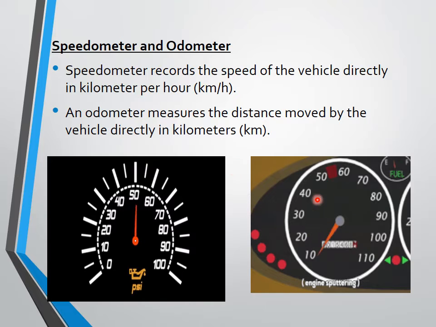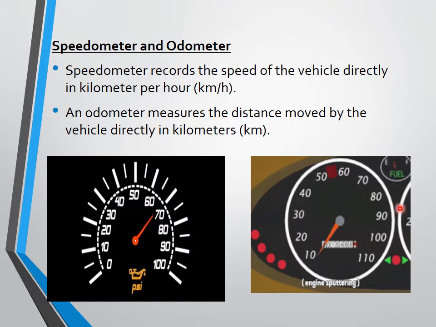In the same way, we can also see the meters on the dashboard of cars, buses and some other vehicles. In addition to the speedometer, we also have another meter called the odometer. An instrument which is used for measuring the distance traveled by the vehicle, we call it the odometer.